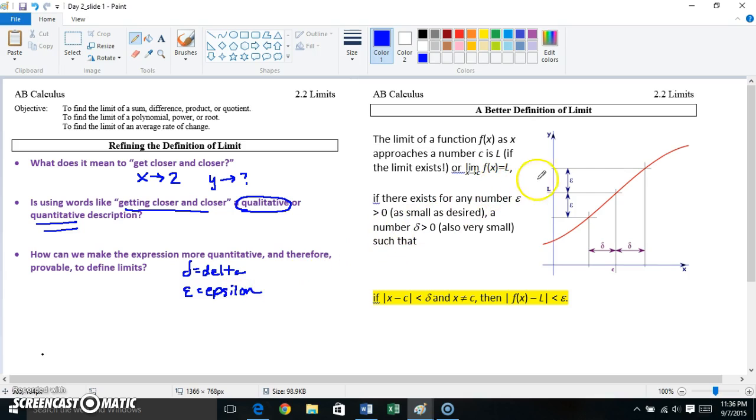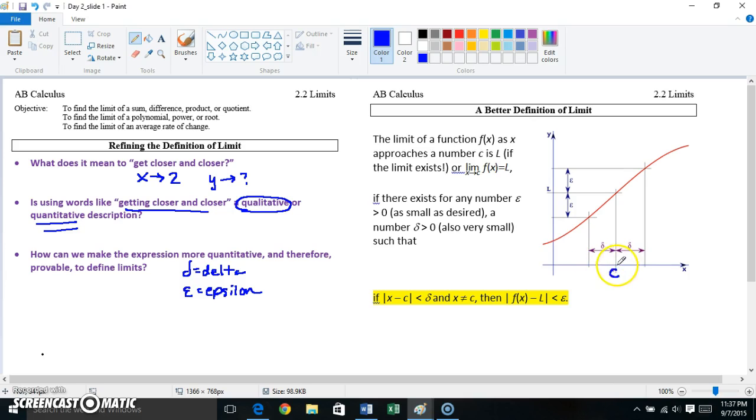Just looking at this graph to the right, delta is the distance or the interval surrounding the x value we want to get close to. So we want to get closer and closer to c, which means delta has to get smaller and smaller and smaller. Okay?